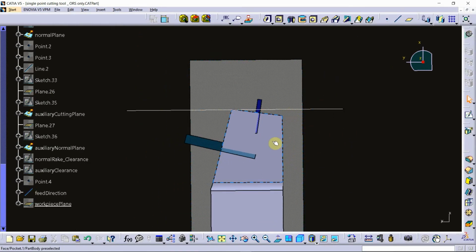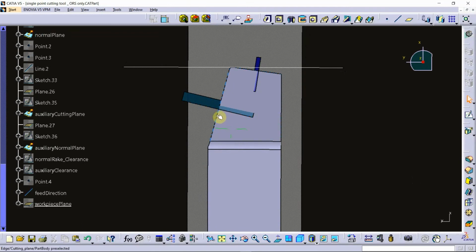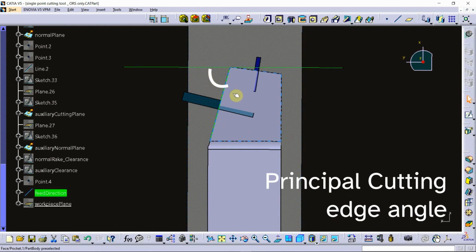So the tool will move in this direction during the process of cutting, and the angle between the cutting plane, which is this one, and the longitudinal feed is called the principal cutting edge angle.